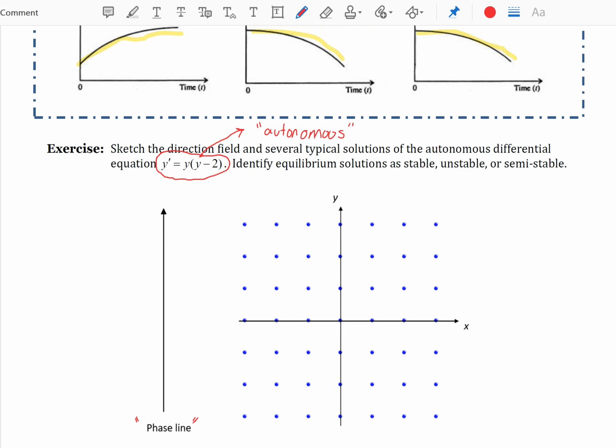When we look at my differential equation, we should notice here that there are two equilibrium solutions. There are two places where our dy/dt is always going to be the same, where the slope is going to be 0. It's at y equals 0 and y equals 2.